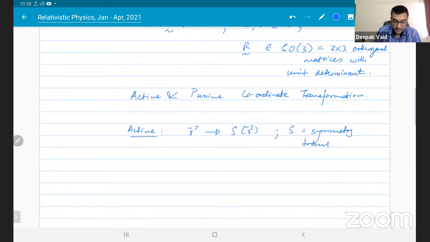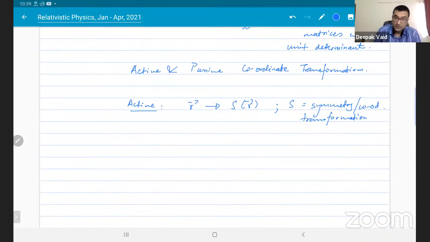It can be a symmetry transformation or it can also be a coordinate transformation, either way. As an example of coordinate transformations, you would, for instance, go from spherical coordinates to Cartesian coordinates and vice versa.